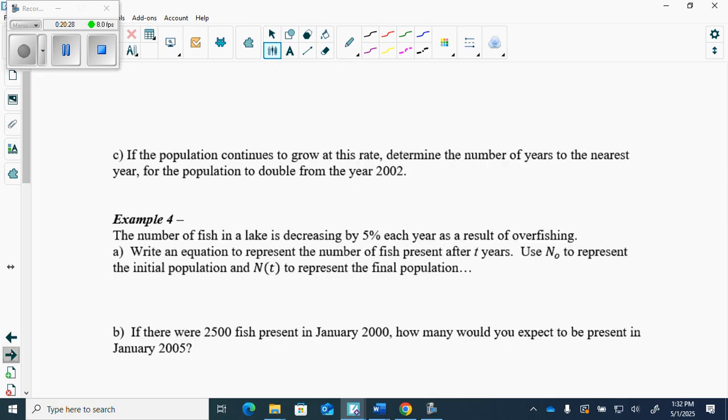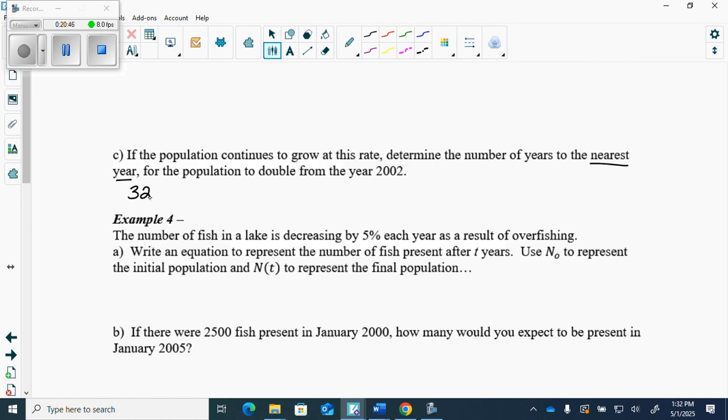Okay, let's talk about this one. If the population continues to grow at a rate, determine the number of years. Weird, they're asking us for a number of years. Shocking, they're going to make us convert to a logarithm because we're in exponents and log. And then they want the number of years to the nearest year, so no decimal places, for the population to double.